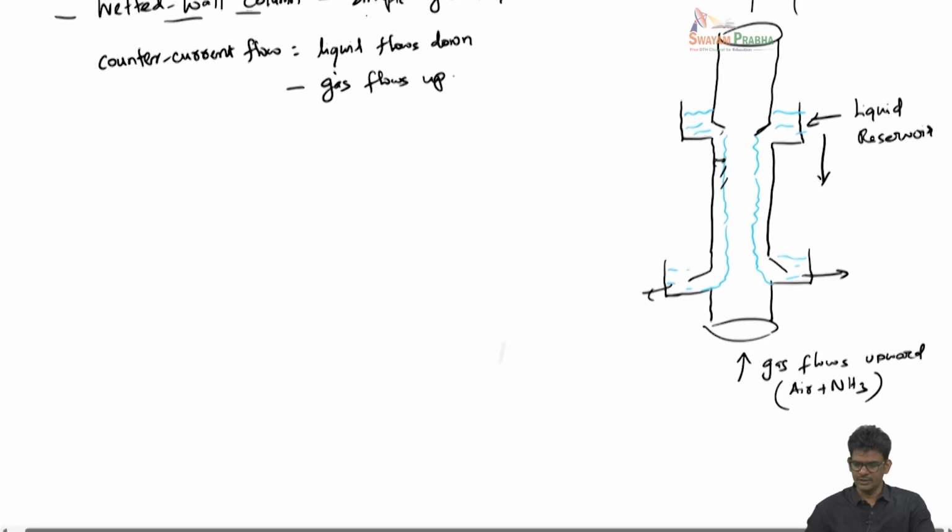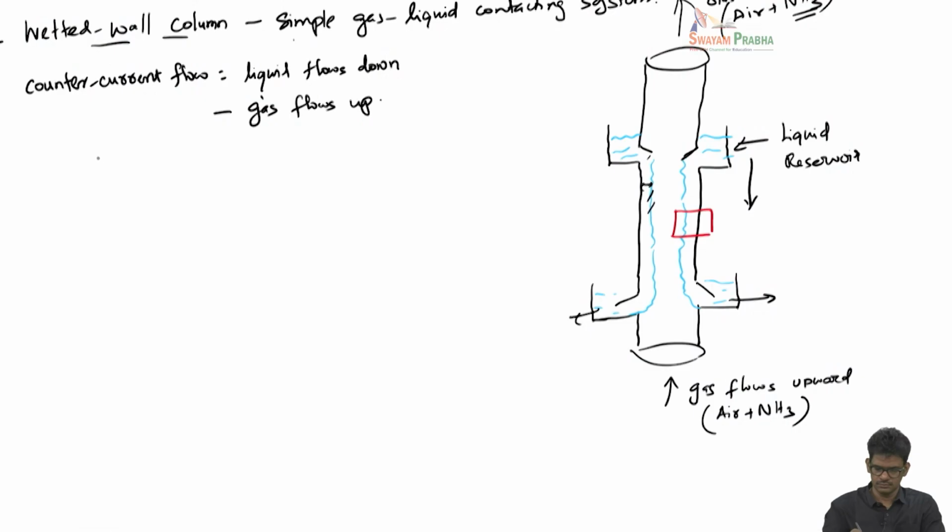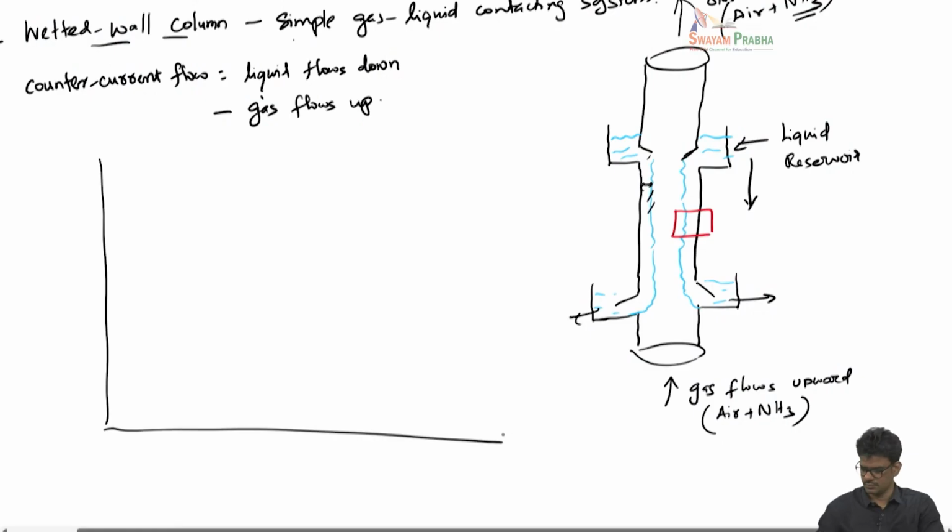So now what we would like to do, we'll take a small section here and then look at how concentration varies when you go from a gas phase to a liquid phase. Okay, from the bulk of the gas to the bulk of the liquid. So here we are going to write the concentration of ammonia, which is a solute, or I call it just A. The symbol A here refers to the solute ammonia.